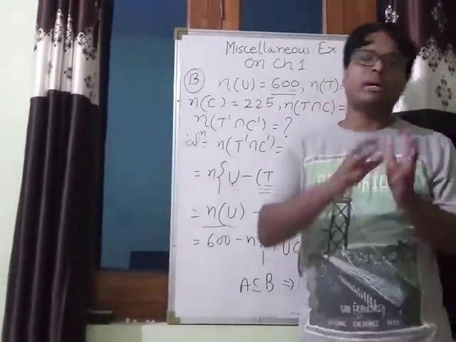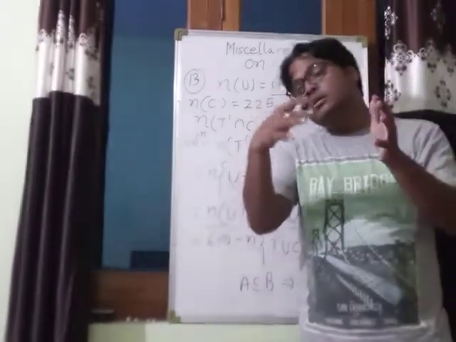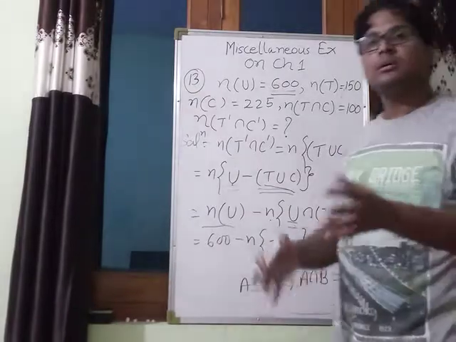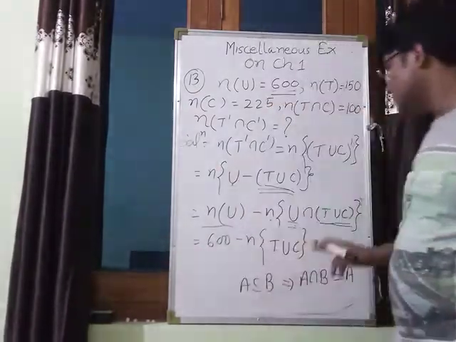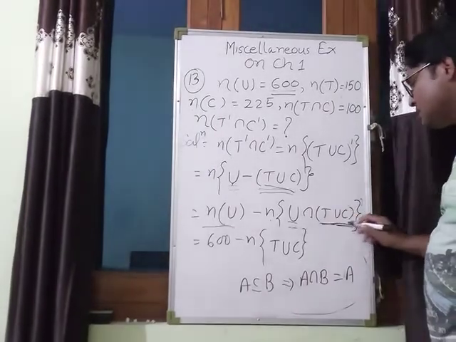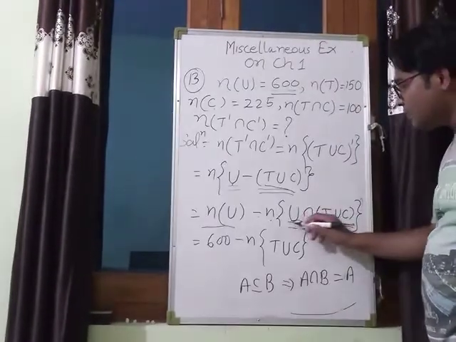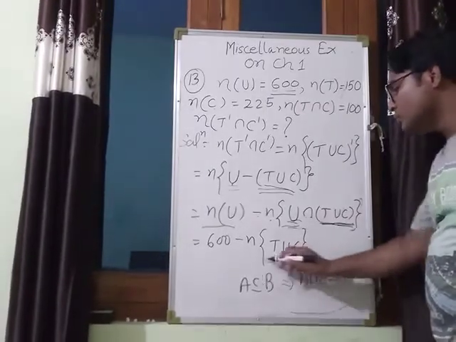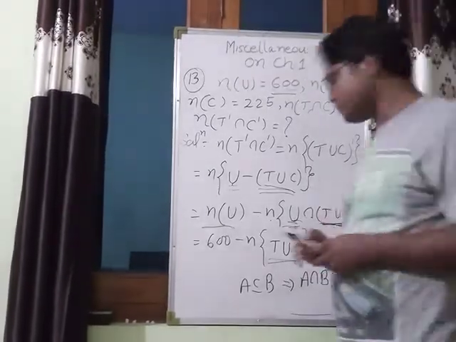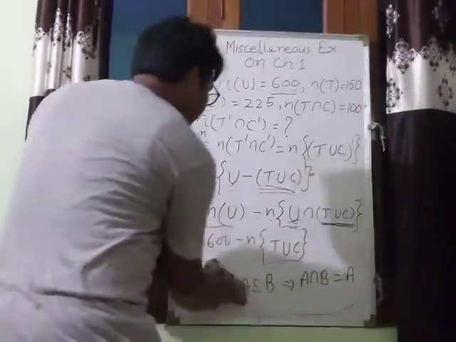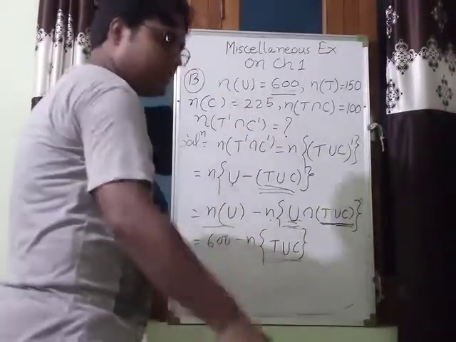That's why whatever the set, when taking its intersection with the universal set, we get the same set. So we will get N of T union C.